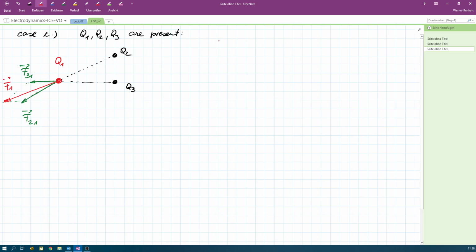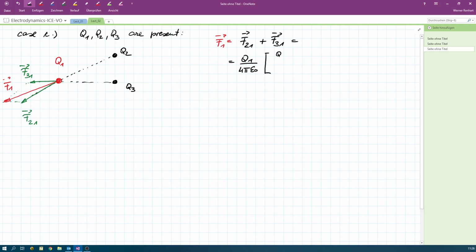So this means F1 equals F2,1 plus F3,1. Which is Q1 over 4 pi epsilon 0. This is always the same for all parts of the forces.